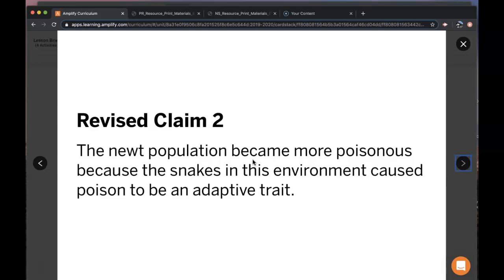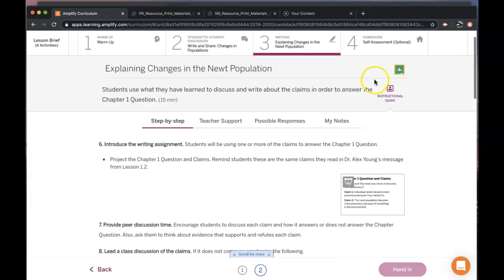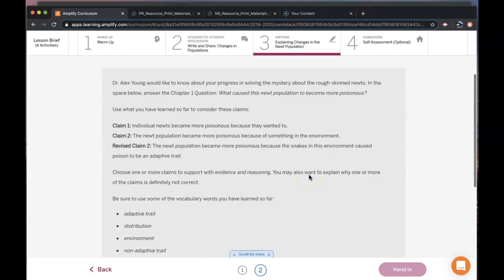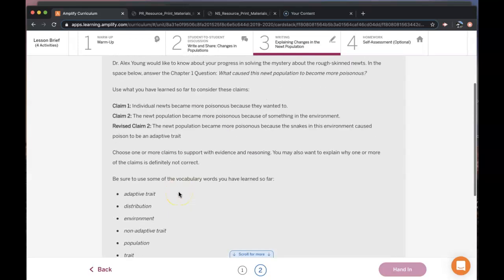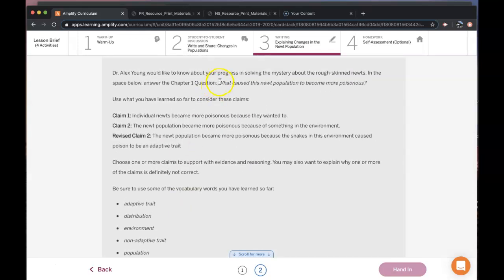So what you're going to be doing in this activity is using what you've learned so far to write an answer to the chapter 1 question. What caused this newt population to become more poisonous?